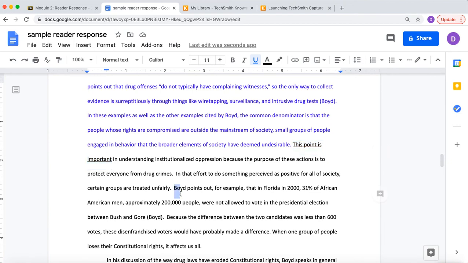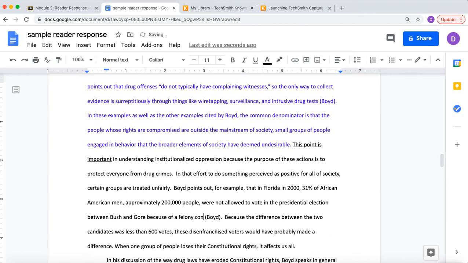And then I add another citation. Boyd points out, for example, that in Florida in 2000, 31% of African American men, about 200,000 people, were not allowed to vote in the presidential election between Bush and Gore because of a felony conviction.